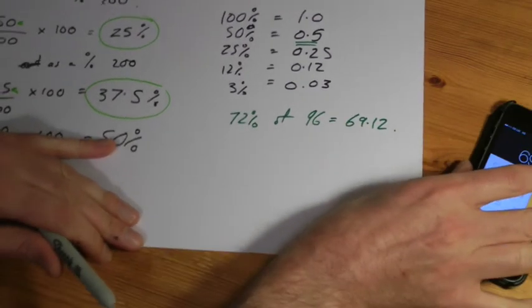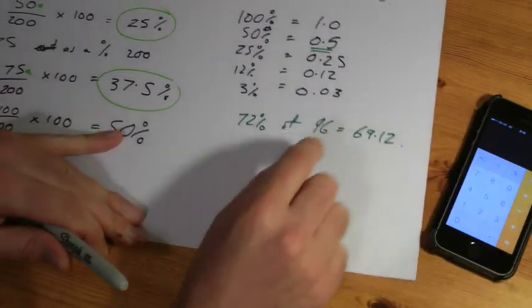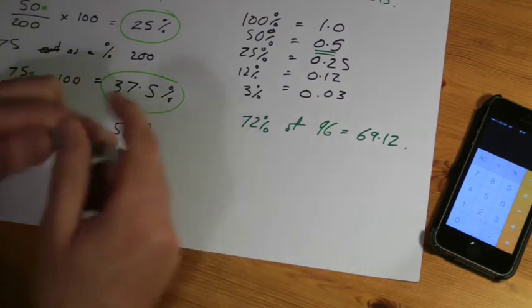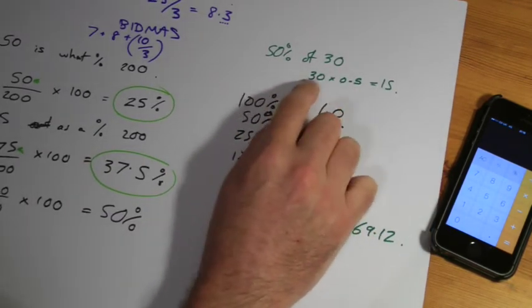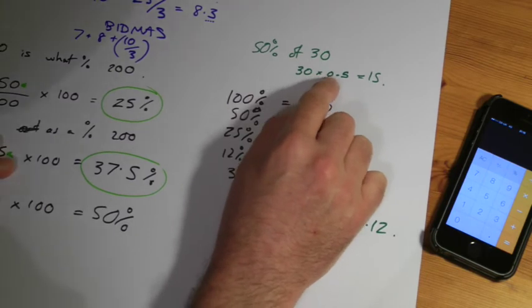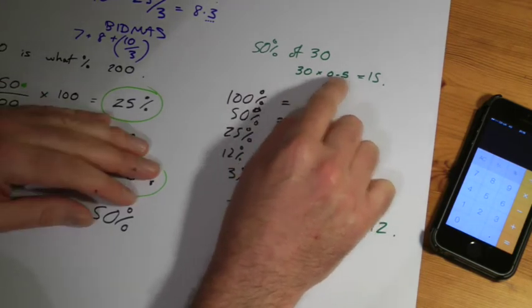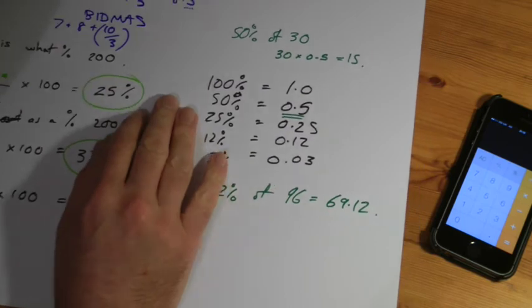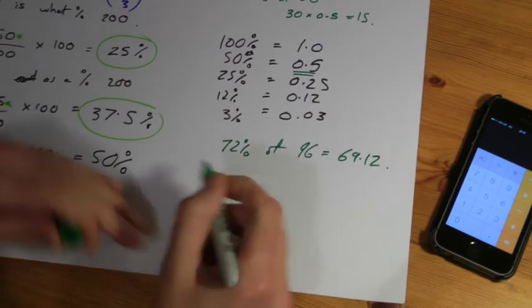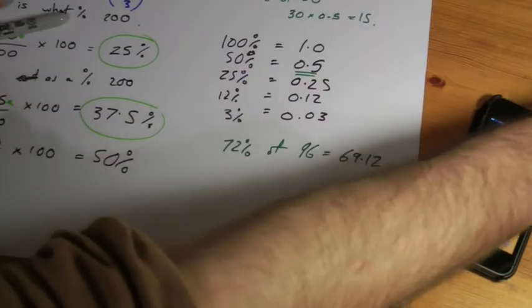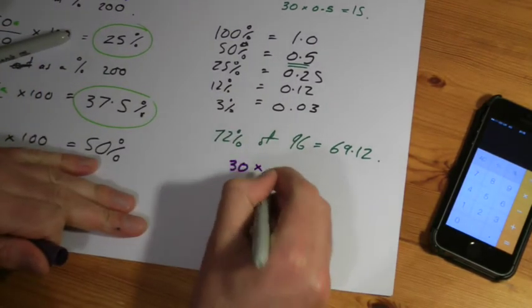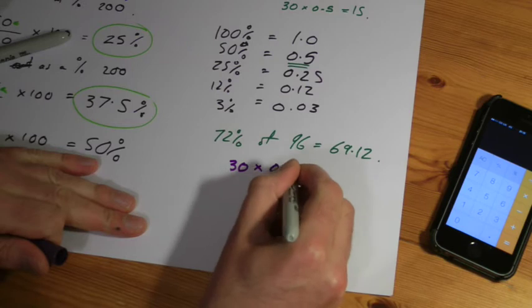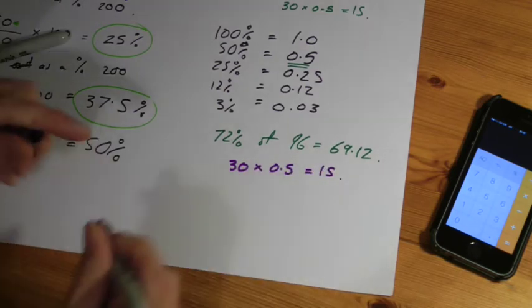All right. Now, the other thing we can do with this method is go back to this formula here. What's half, or what's 50%, or what's 0.5 of 30? I'll rewrite it out. So the way we worked out what half of 30 was, we did that.